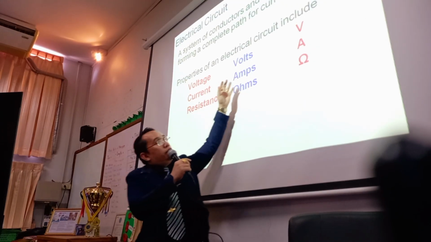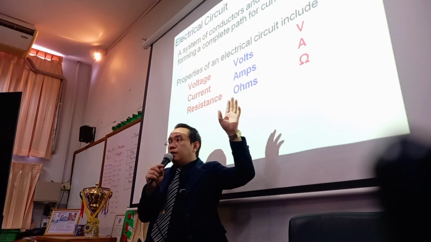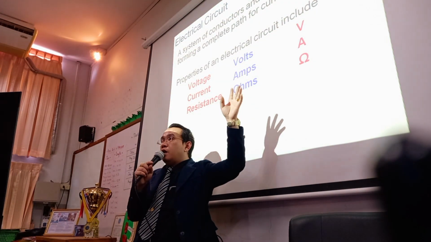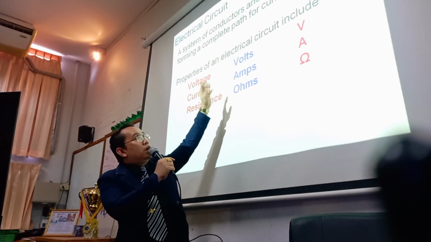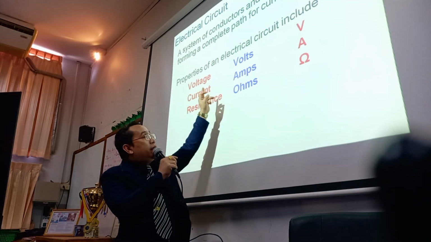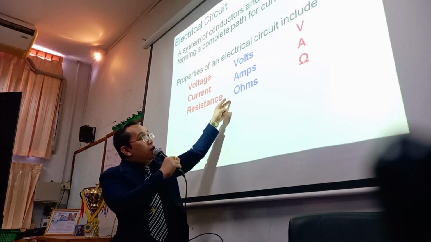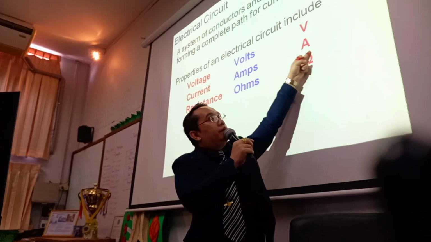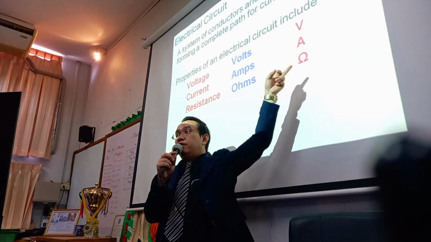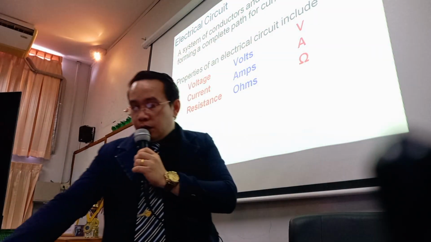We can use a symbol as an indicator of the unit. Instead of using volts, we can use the symbol V. Then amps, the symbol A. Then ohms, the Greek omega symbol. Let's proceed.